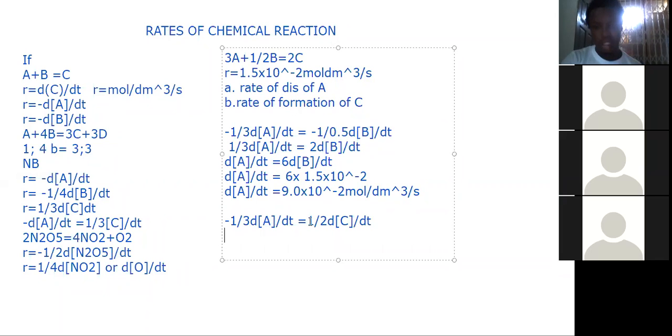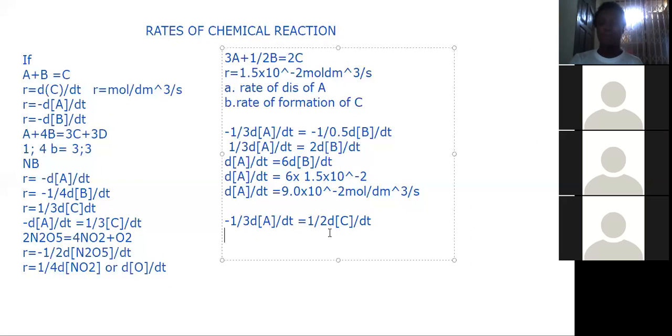So to find for the C, we just multiply this by 2. I hope we get it. We just multiply this by 2, then we find our answer. Then we substitute in the dA by this.